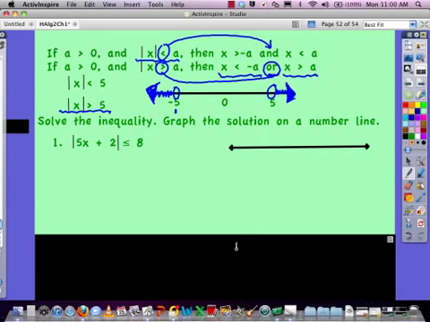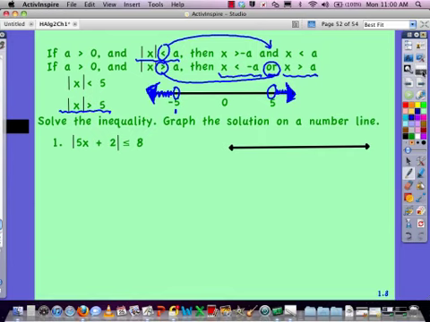So, if we were to solve an inequality and graph it on the number line, brain-wise, you could use the little trick we did on the last one. How do I start this? Think of it like this: any number inside of there has to be less than or equal to 8.